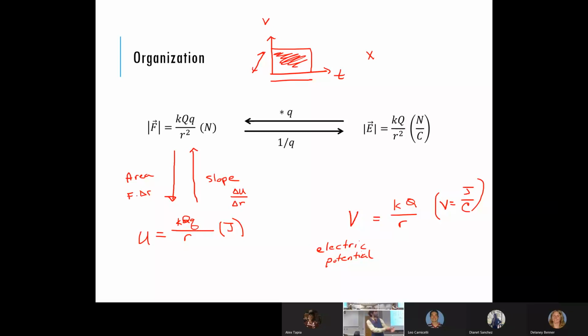So over here, sources, properties set up by these source charges, interactions with your system. So if I know the electric field due to the source charges, I can multiply by the charge of the system to find the interaction, the force that those source charges exert on my system.